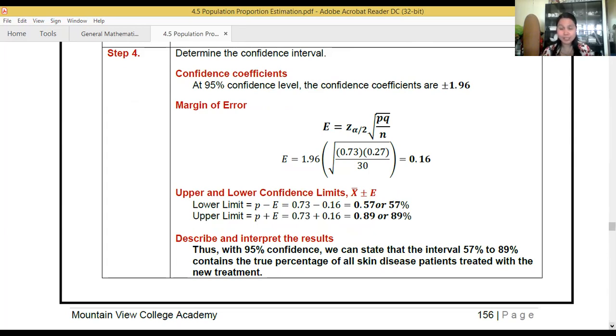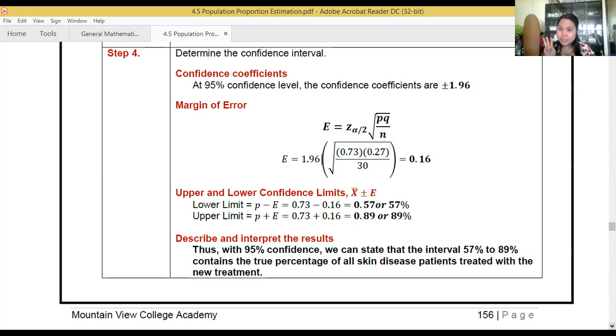Or here's another way to say it. We are 95% confident that the new treatment cures 57% to 89% of skin disease patients.